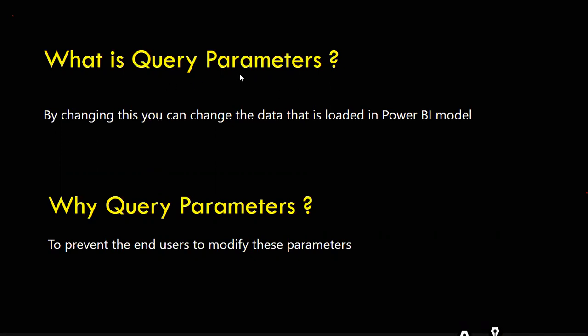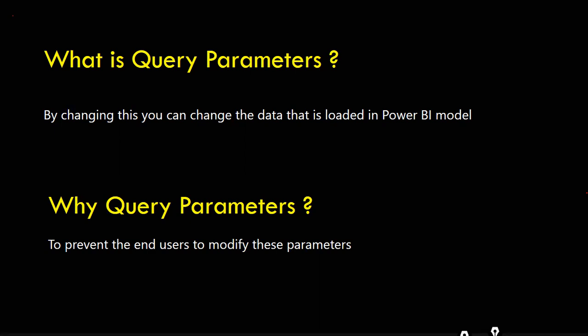As the name says, query parameters, what we want to do is make our source query itself very dynamic. We want to change the source query dynamically, or change the result set of the source system. For the source system, let's say you are using one table or more than one table.